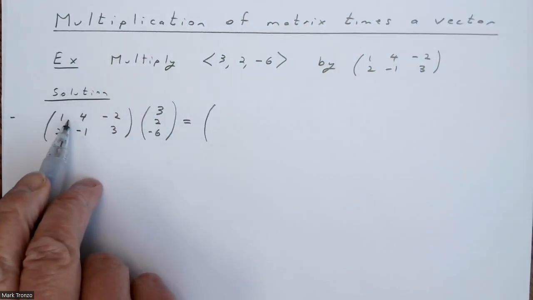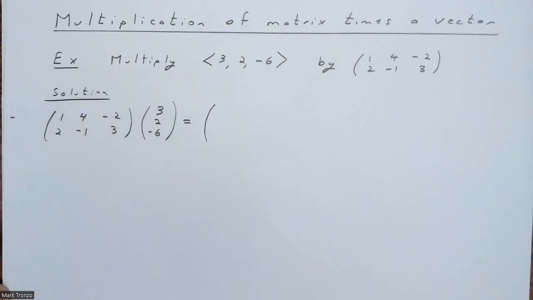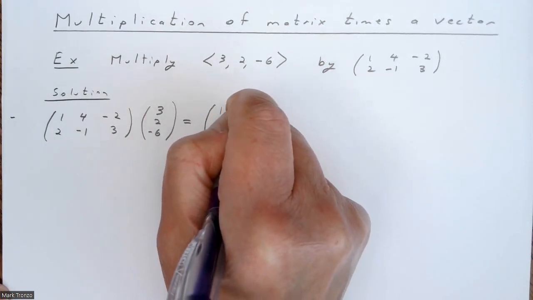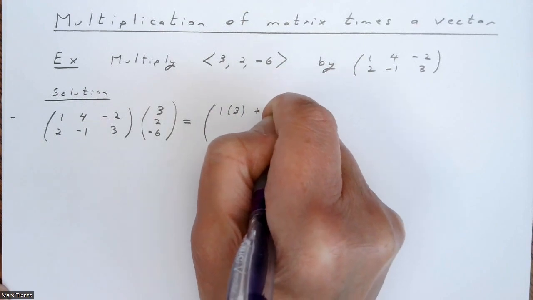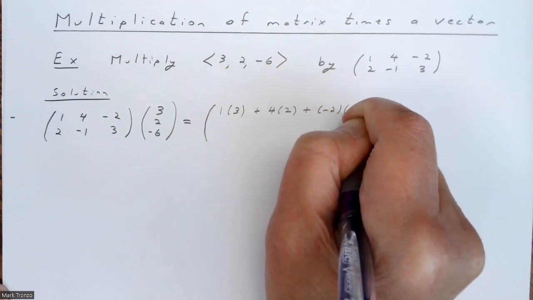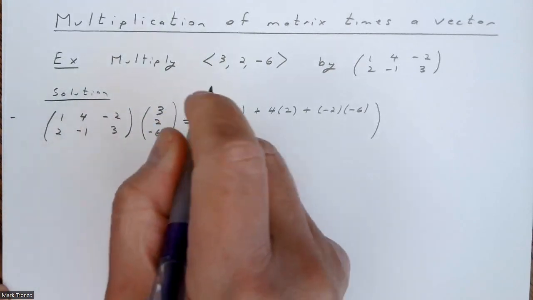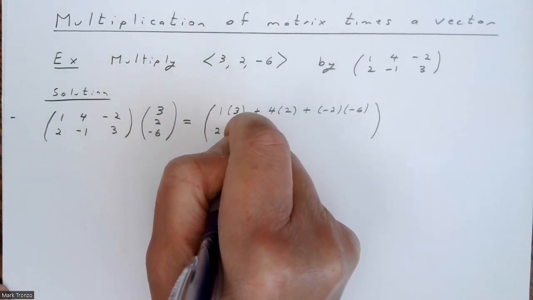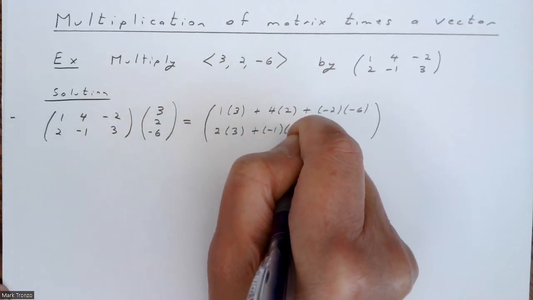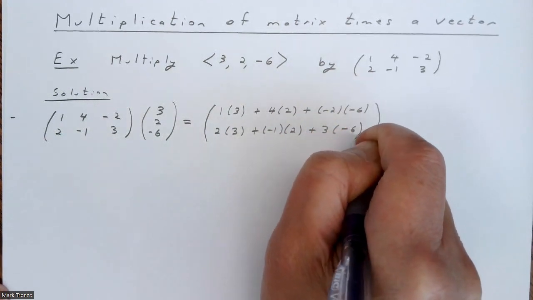So let's go ahead and multiply this row by this column. Of course, only one column this time. So it's 1 times 3 plus 4 times 2 plus -2 times -6. Then the next row, 2 times 3 plus -1 times 2 plus 3 times -6, like this.